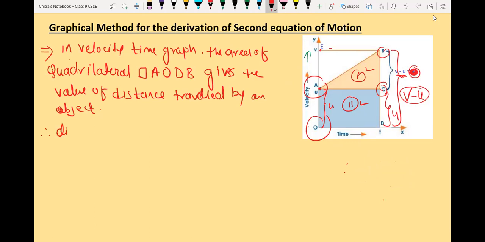Distance traveled by an object equals the area of this quadrilateral AODB. And we know that the quadrilateral is equal to one triangle and one rectangle.